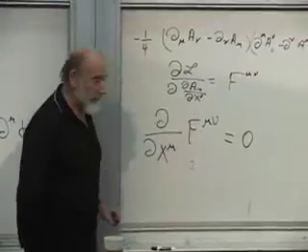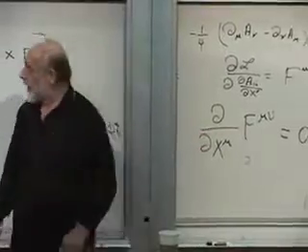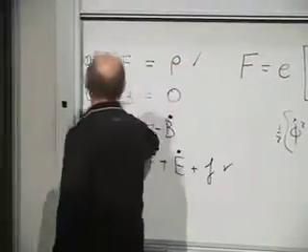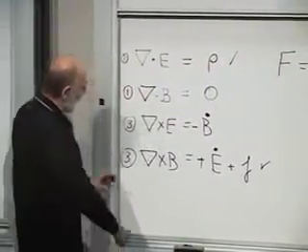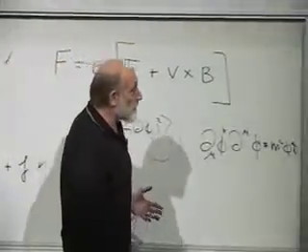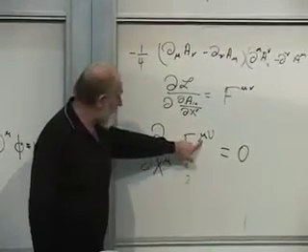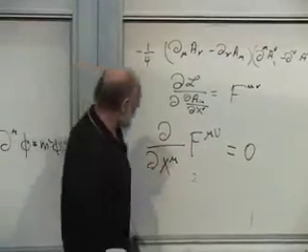Okay. But without the current, how many equations are these? How many equations do I have here? 4 equations. How many equations do I have here? 1 equation and 3 more. That's exactly what these equations are. In particular, if you plug in for F, let's take a little piece of it.